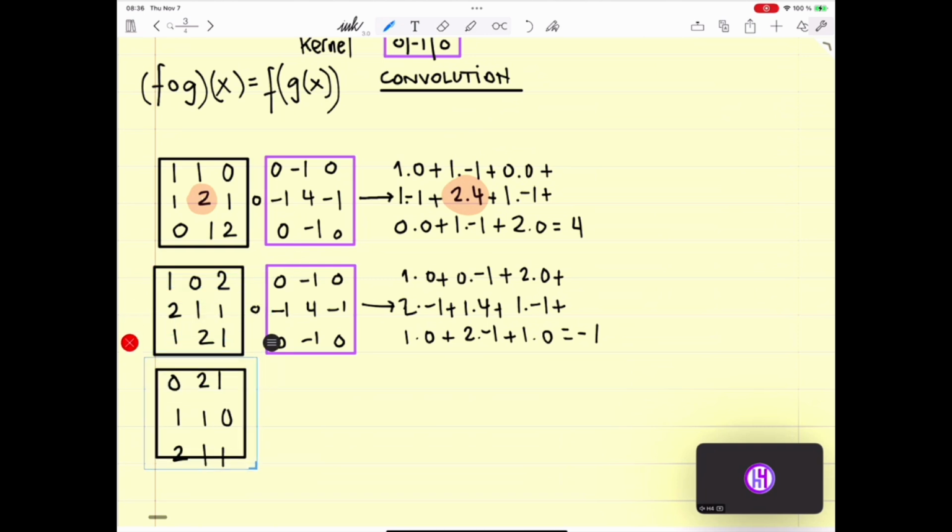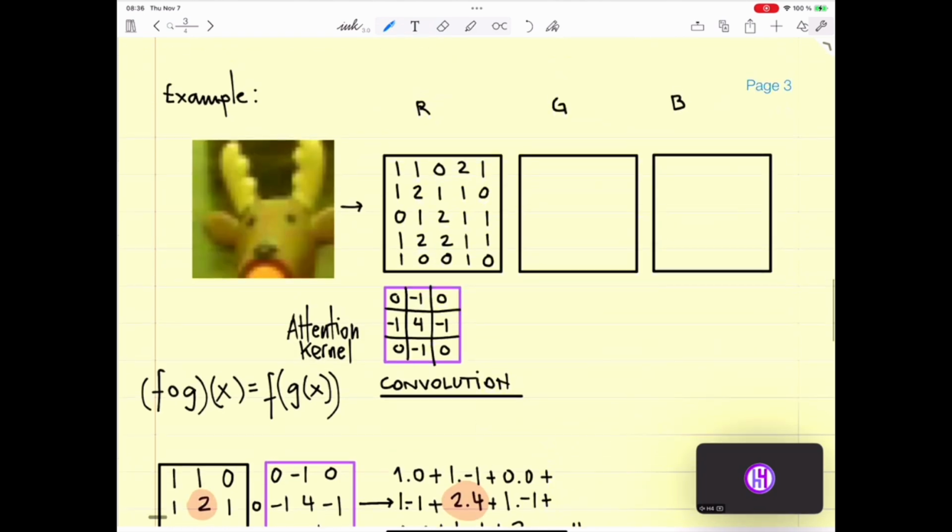Notice that every time we are moving our window one step.